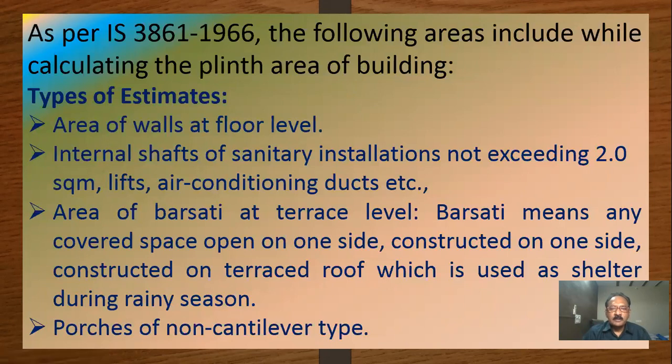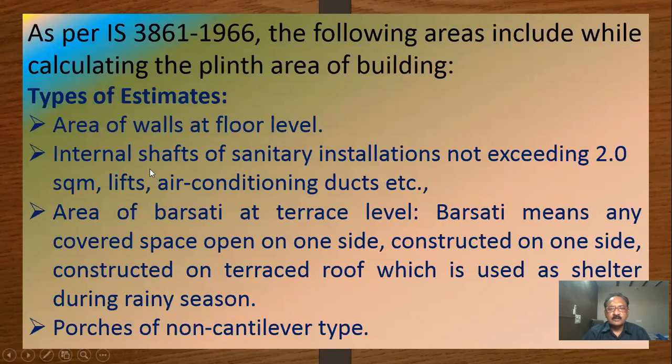In plinth area method, types of estimations: number one, area of walls at floor level, ground or first or second floors. We'll see area including walls, and internal shafts of sanitary installation not exceeding 2 square meter.